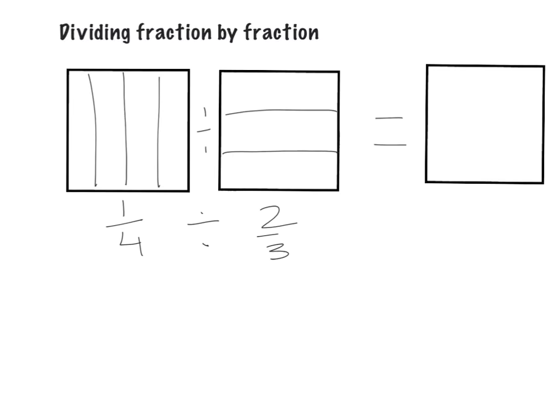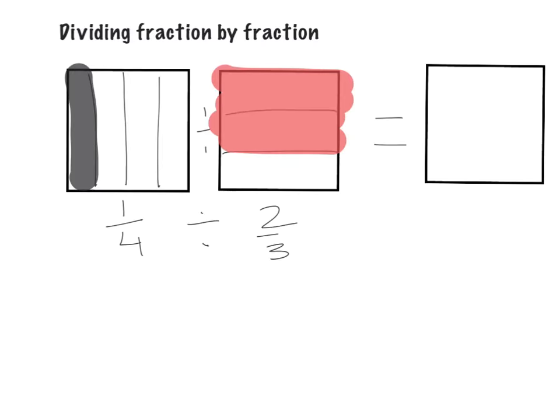So now we have a fraction divided by a fraction. So I have 1/4 divided by 2/3, and this is the way we're going to model this. So I'm going to shade in 1/4 right there. And then over here, I'm going to shade in 2/3 to represent it.